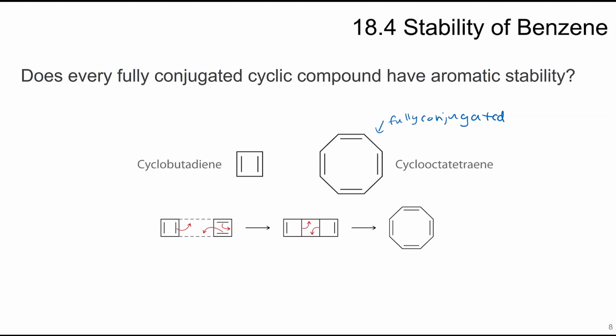So some fully conjugated cyclic compounds are reactive rather than being stable, like benzene. Compounds that are fully conjugated and cyclic can be reactive and not stable like benzene.